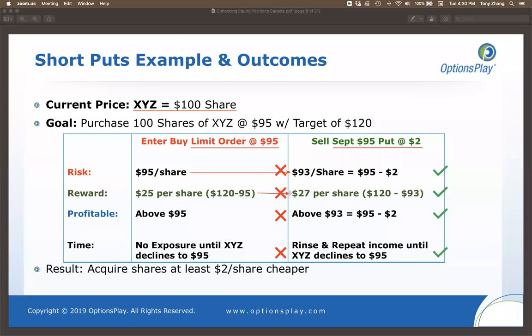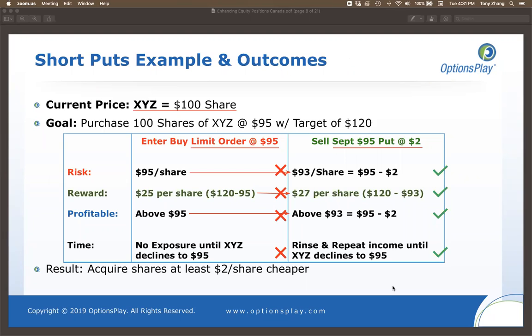This is the risk-adjusted returns that you're going to be able to enhance on an equity strategy just by selling a cash secured put. Now your strategy is profitable as long as the stock is above 93, not just above 95. And lastly, you maintain exposure. You maintain no exposure in stock XYZ until the stock declines to 95 when you place that limit order.